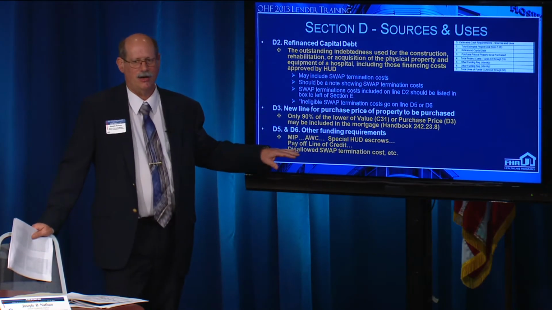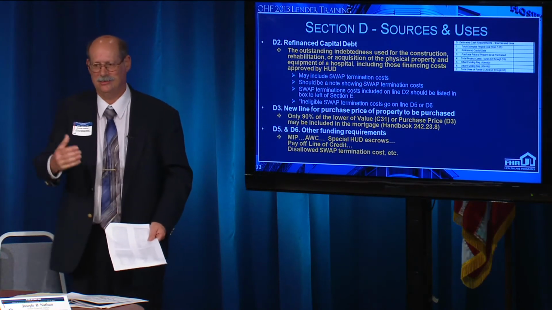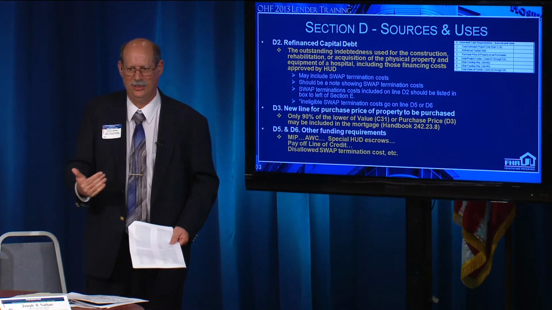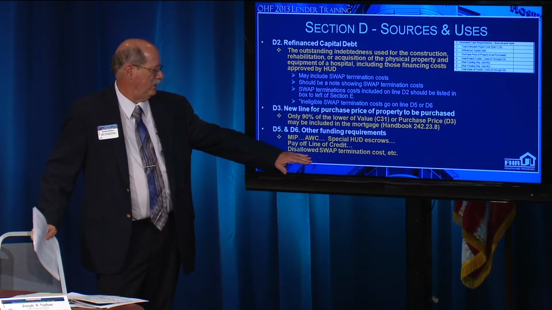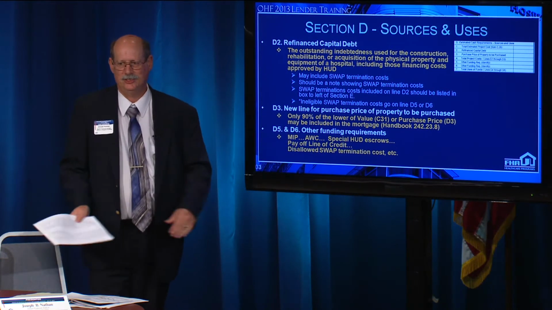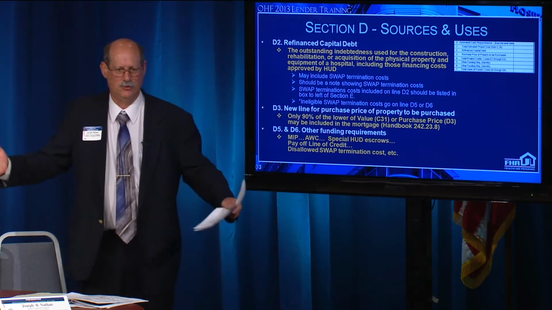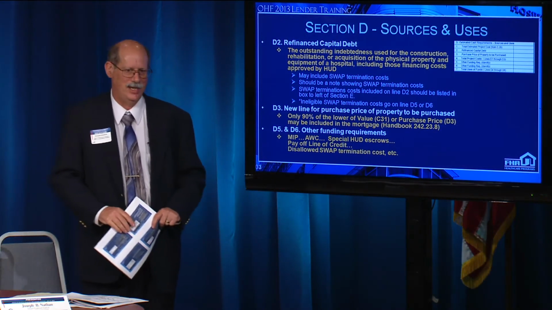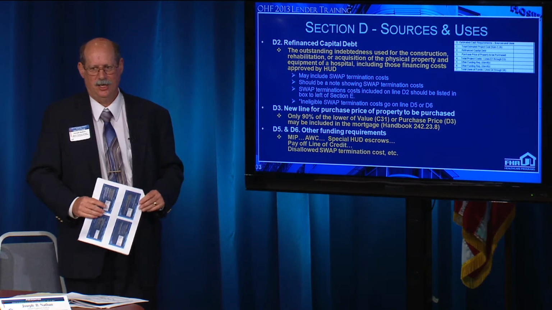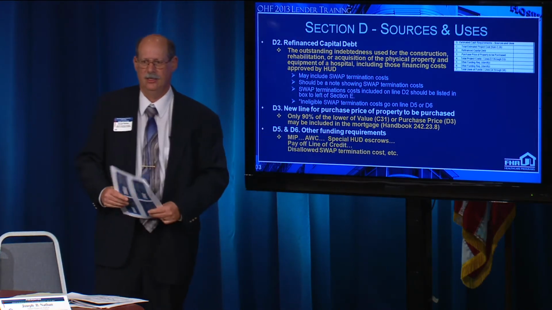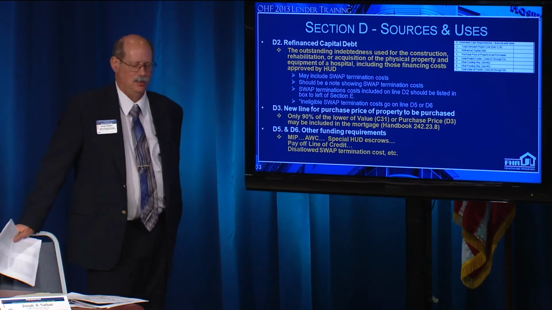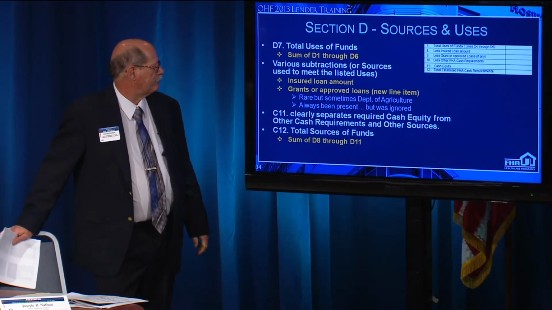It could be to pay off a line of credit, because the line of credit's not eligible for refinancing. That's working capital. So it might be money that's needed to pay that off. It could be for disallowed swap termination costs, and who all knows what else. So it kind of depends on the facts and circumstances in there. Usually there's not a whole lot of stuff that goes in this one, to be honest. But every once in a while, one of these applies. Let's go to the next slide.